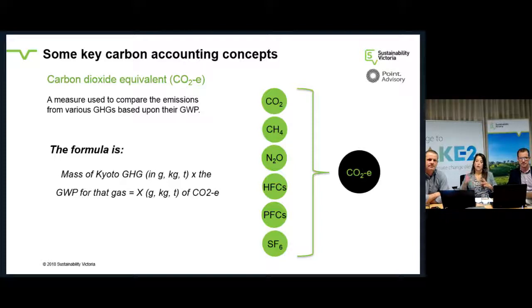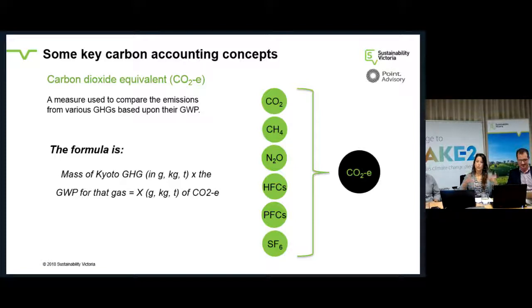So as you can see, what we do is try to bring all those 6 gases, we've left NF3 nitrogen trifluoride out of this slide because it's not really relevant at this stage, into a common metric, which is carbon dioxide equivalent.